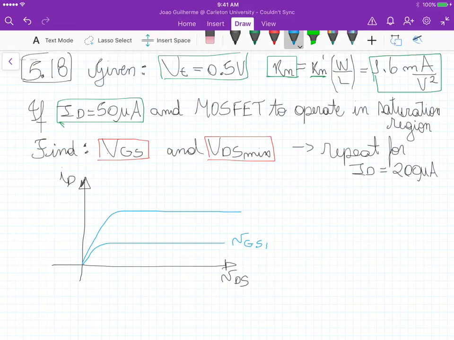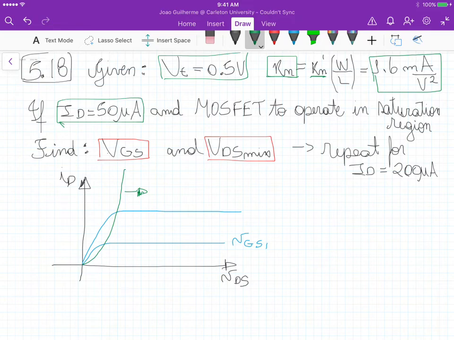Now what's operation in the saturation region? So operation in the saturation region is all this area at the right of this curve here, including that curve. So this curve here is exactly the edge of the saturation operation.